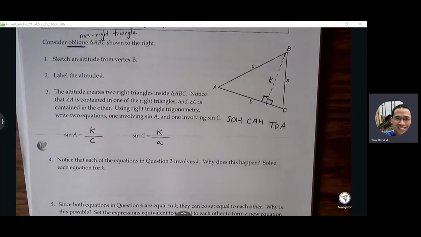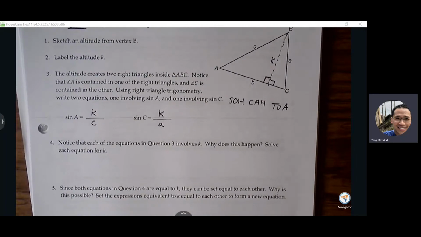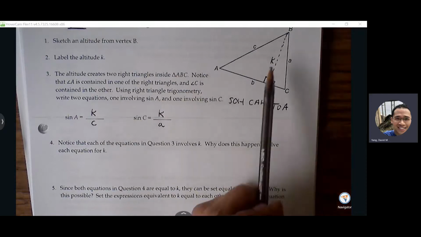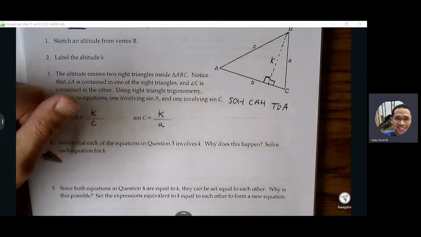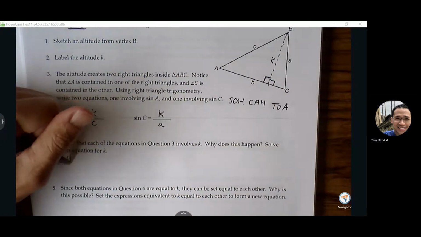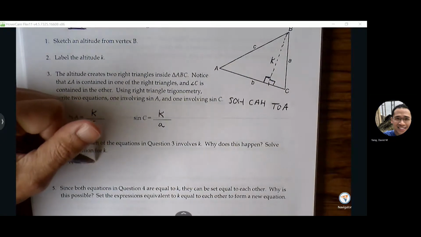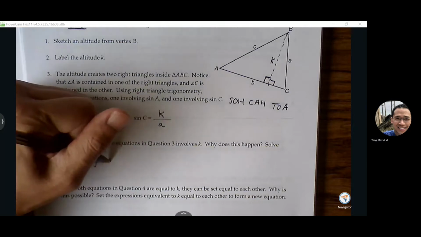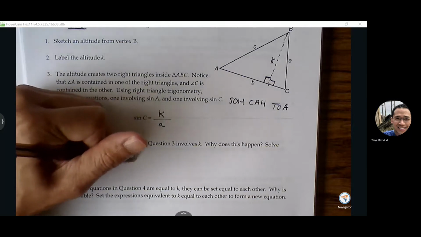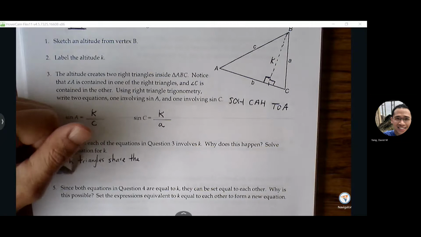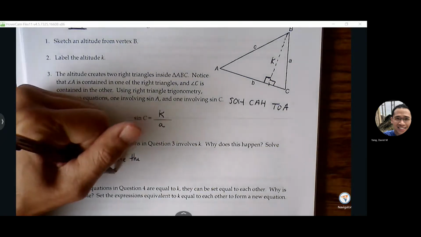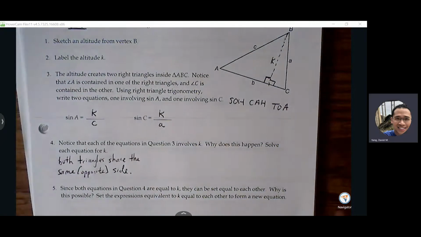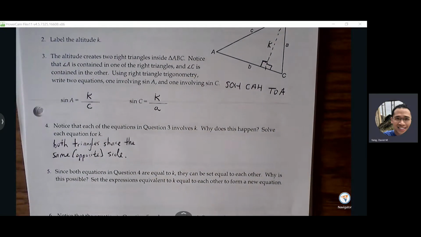Notice that each of the equations in question 3 involves k. Why does that happen? Because both triangles share the same opposite side. Solve each equation for k.